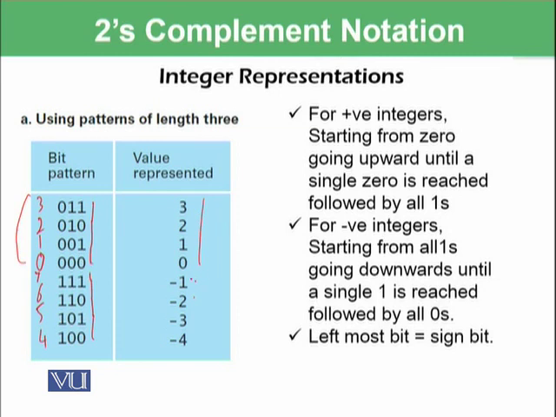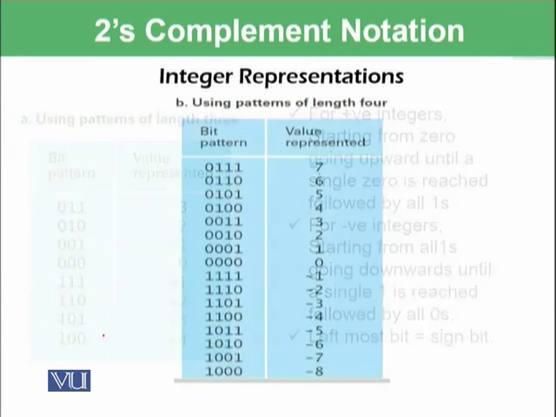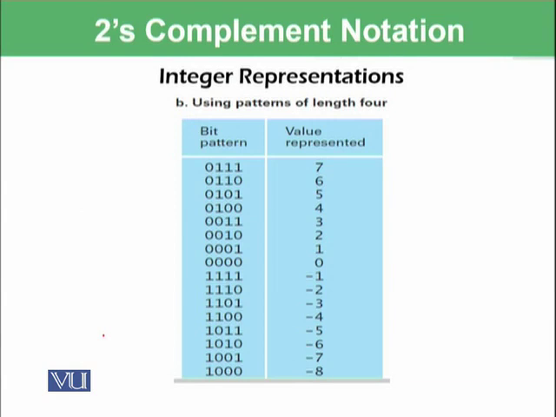So the rule is for positive integers, starting from 0 and going upward until a single 0 is reached, followed by all ones. So we have reached a position where there is only one 0 and all ones. And for negative numbers, starting from -1 and going downward until we have only one 1 followed by all zeros. If we see it in the 4-bit pattern, we have something like this.